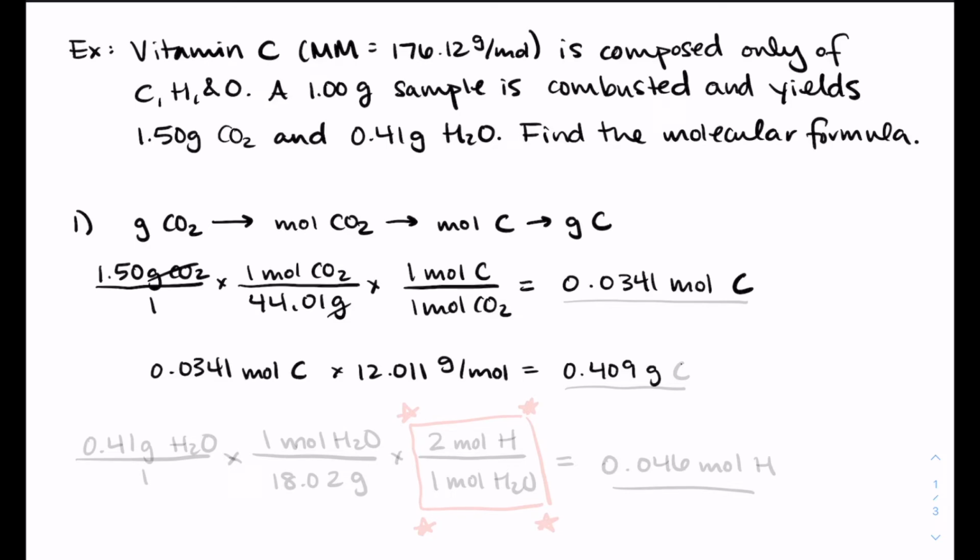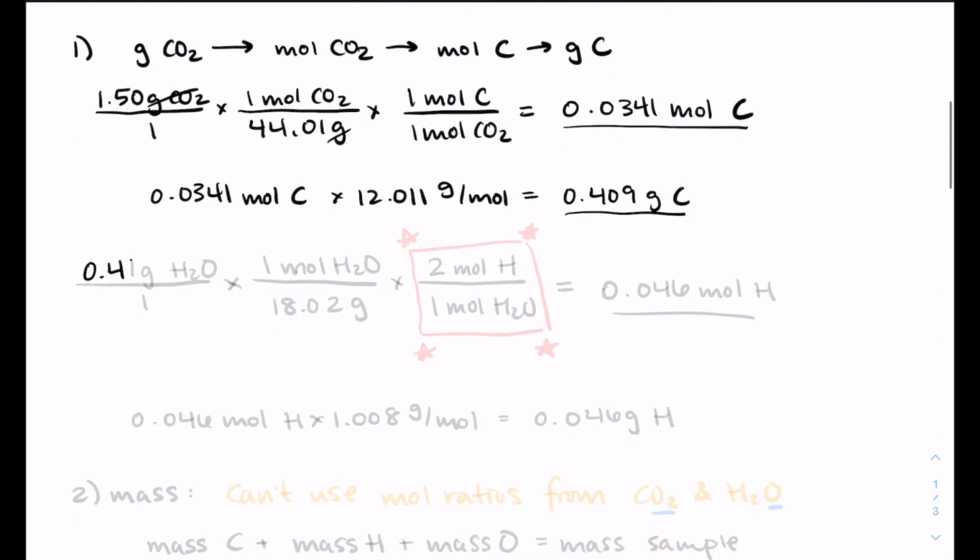So my second line of the calculation is taking moles of carbon and converting it to grams of carbon. For hydrogen, we're getting this from the amount of water that was produced. It was 0.41 grams of water. And the method is the same. I can go from grams of water to moles of water, and then I can go from moles of water to moles of hydrogen.